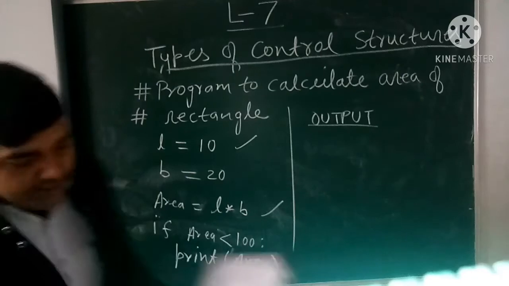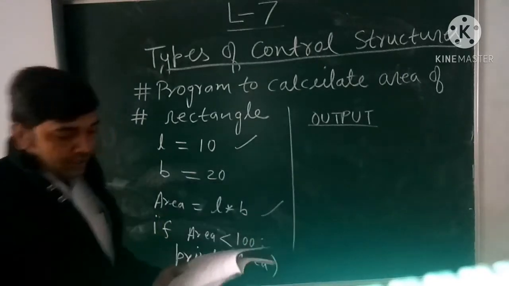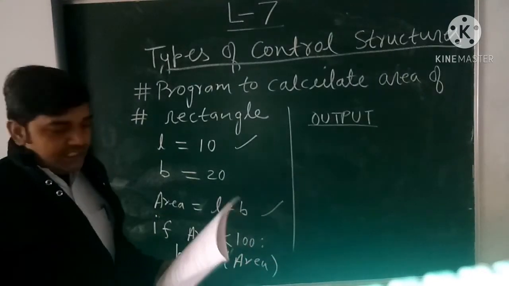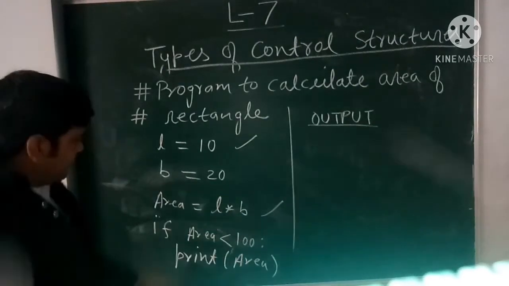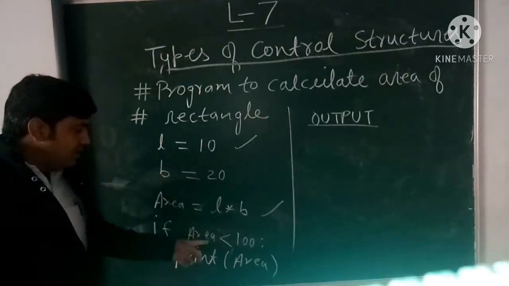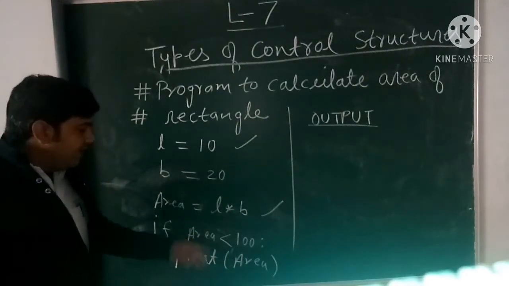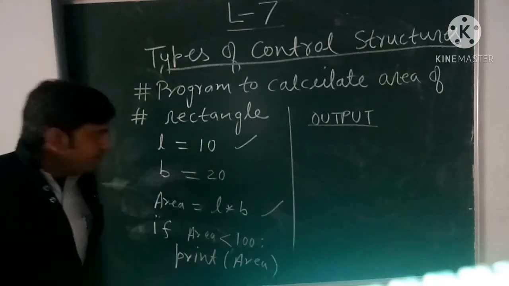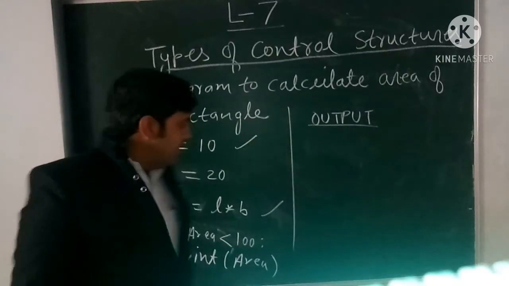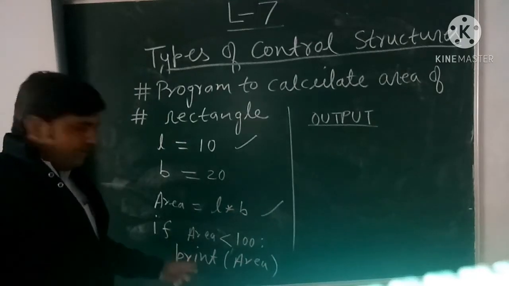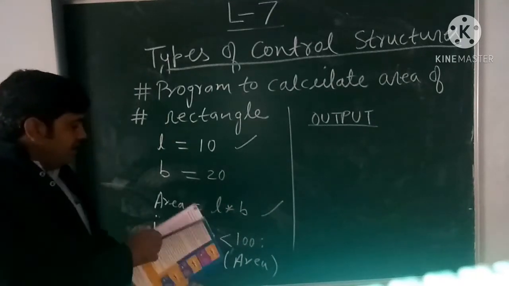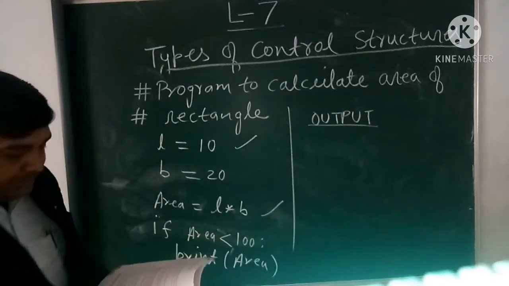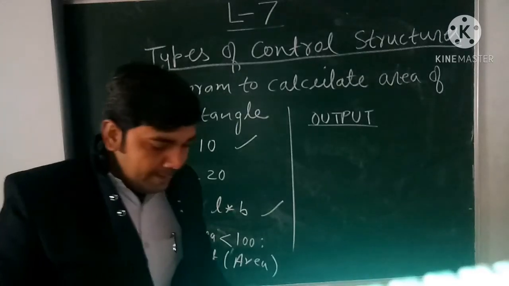So with the help of the conditional statement, we make the program control transfer to a specific location. Since the condition is false, the program control is transferred to the last line. The program is stopped and we got no output. If the condition is true, only then will the Python interpreter print the value of the variable area. Otherwise it will not.